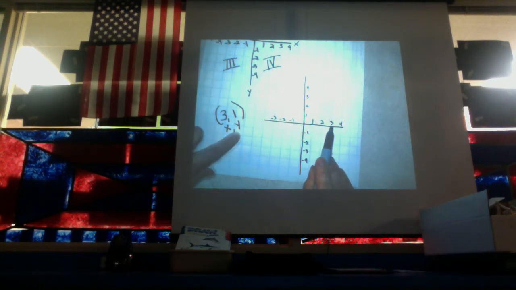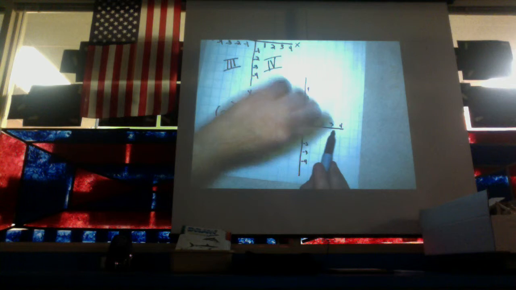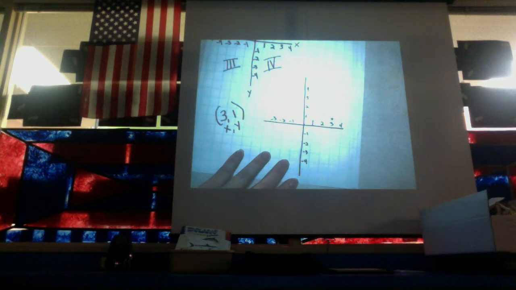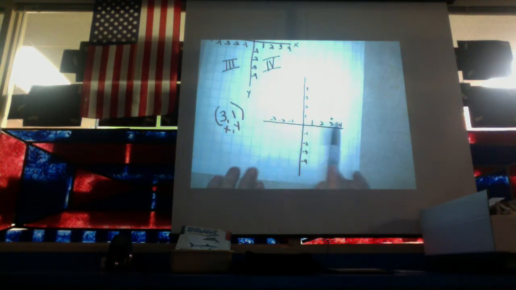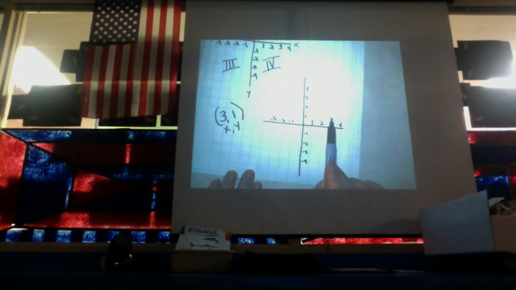Now the y-axis tells us to go to 1. So here's the 1, here's the 3. We go to where those 2 lines meet. This point is 3 over and then 1 up. These are the coordinates describing this point.